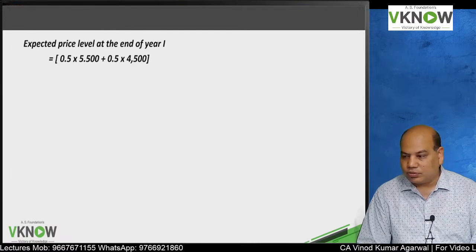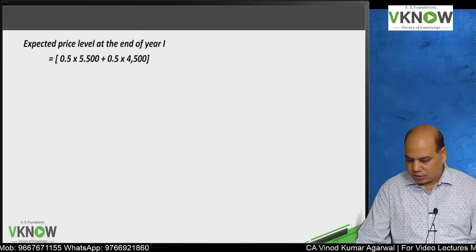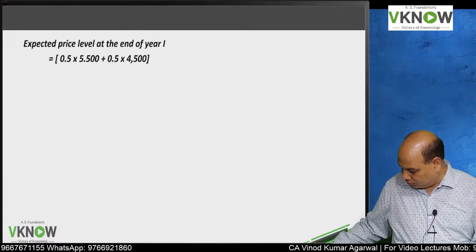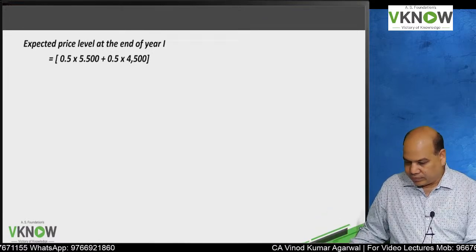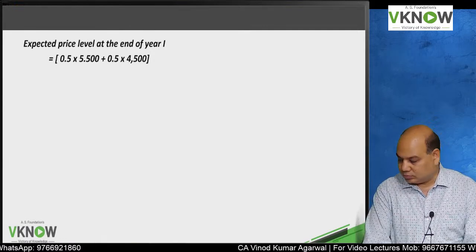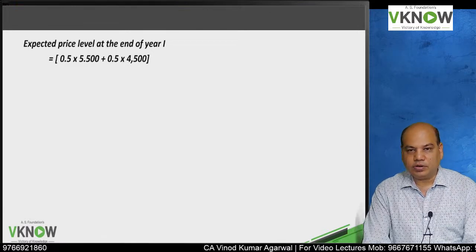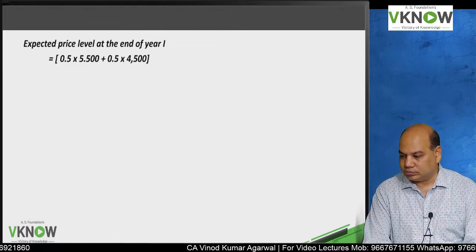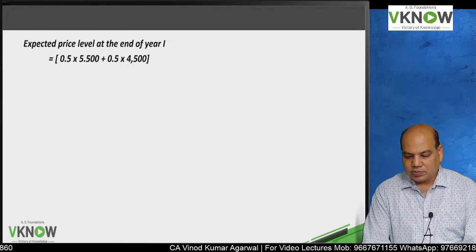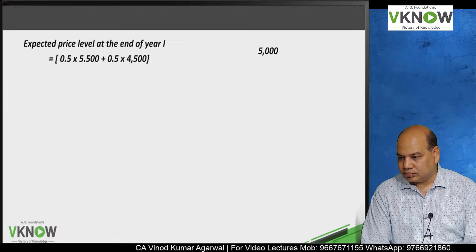Question in front of you, diagram in front of you. The expected price level in year 1 will be 0.5 into 5,500 plus 0.5 into 4,500. Check the answer please. It will be 5,000.